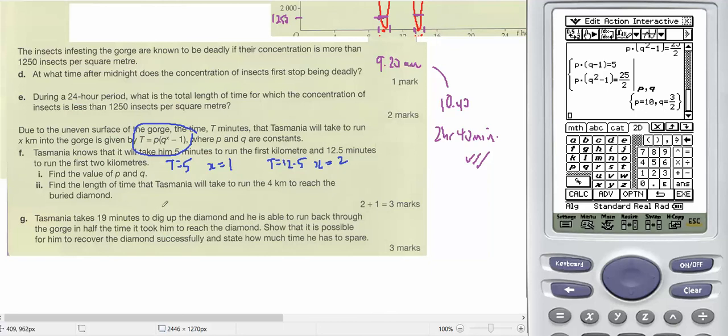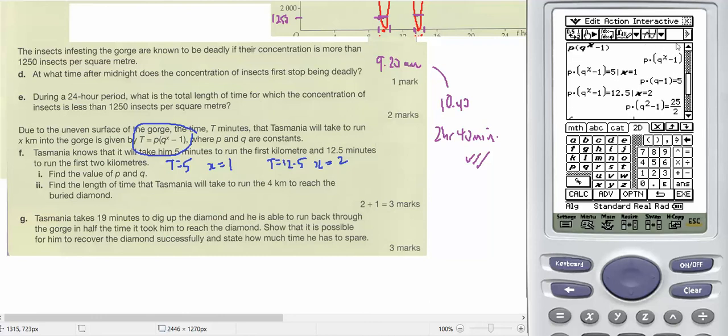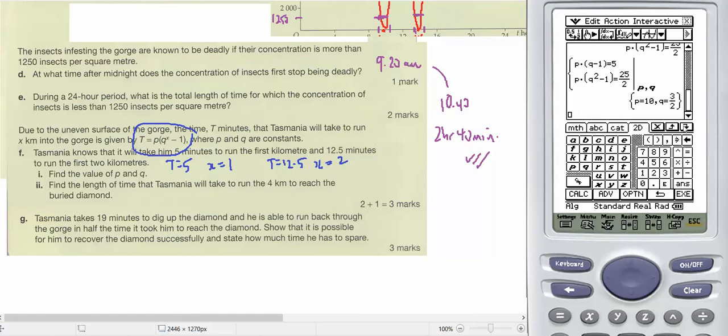And then the question asks how long will it take to run 4 kilometers? So how long will it take to run 4 kilometers? If I have my rule, which is up here somewhere, there it is there, and I copy that, and paste that, and I have a few options.